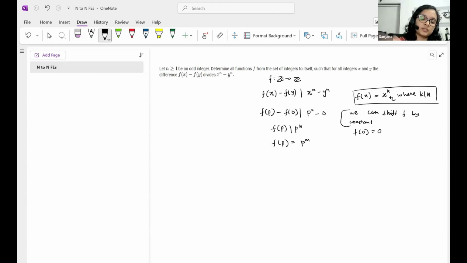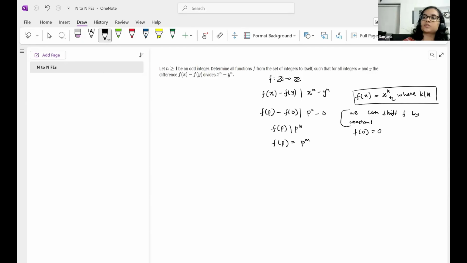Yes, you have to say that you can shift f by a constant. So try plugging in some other values.